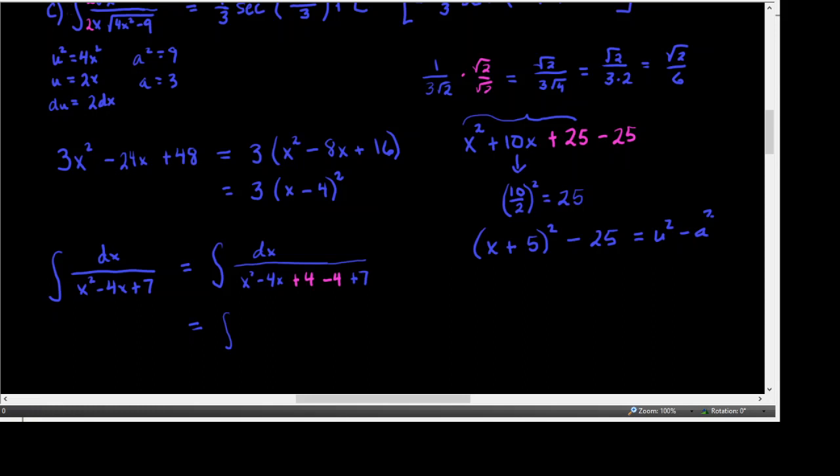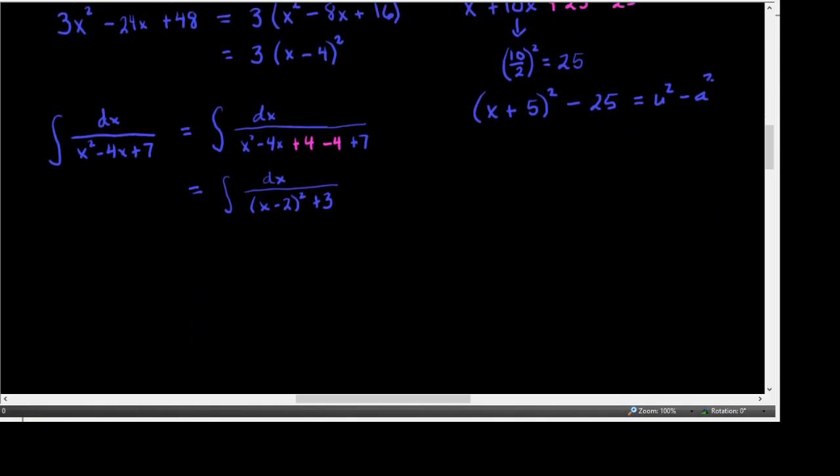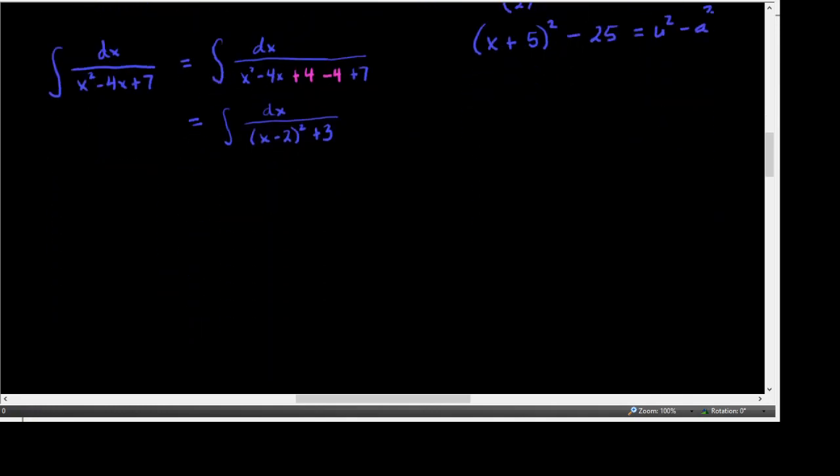So the initial trinomial part of the denominator factors to be x minus 2, quantity squared, and then combining like terms, negative 4 plus 7 is 3. And that now looks like the form for the inverse tangent.